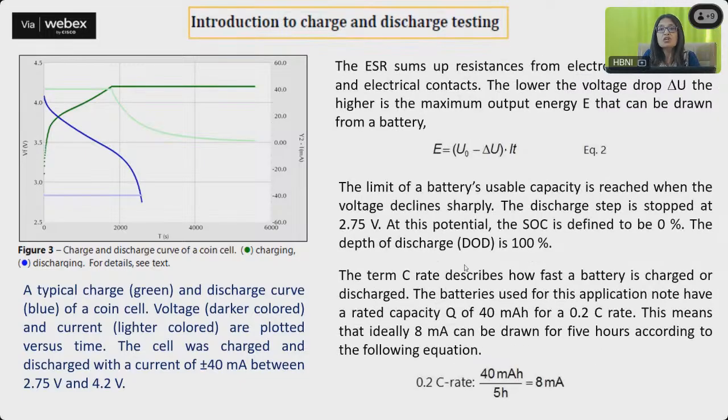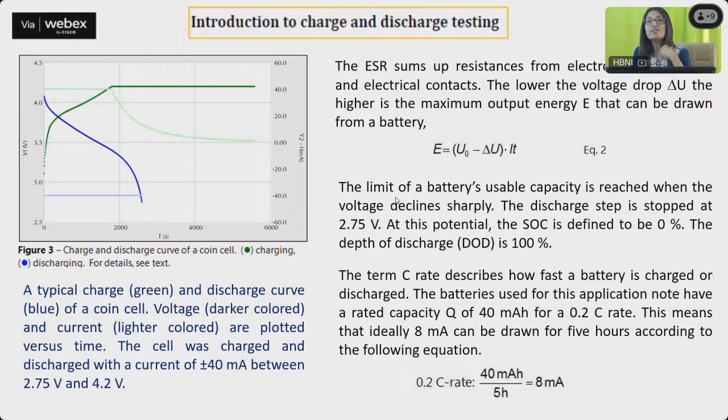This equivalent series resistance is the sum of resistance from the electrodes, electrolyte, and all the electrical contacts. The lower the voltage drop delta U, the higher the maximum output energy E that can be drawn from the battery. So whenever you make the electrode, electrolyte, and electrical contacts, your aim should be to get as little voltage drop as possible.